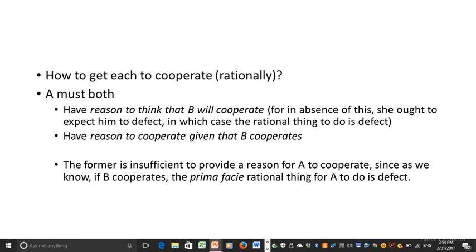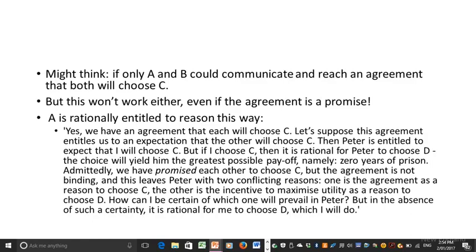Because in the absence of that, A ought to expect B to defect, given that that's the rational thing to do. Whatever A does, A should expect B to defect, other things being equal. And if A expects B to defect, then A ought to defect. So she has to have reason to think that B won't do what game theory and intuitive analysis predicts that B will do, or that B will cooperate.